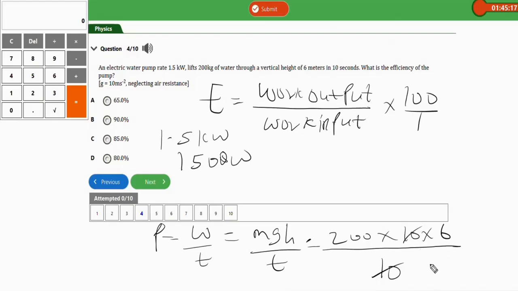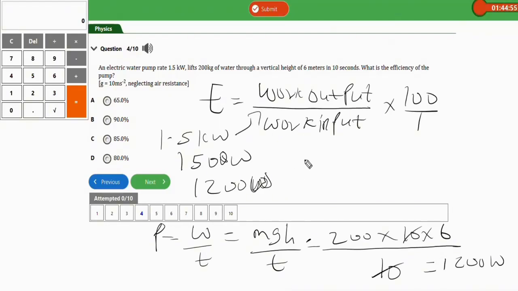So 200 times 6 will give us 1200 watts. So this will be our work output. Okay, work output is 1200 watts.